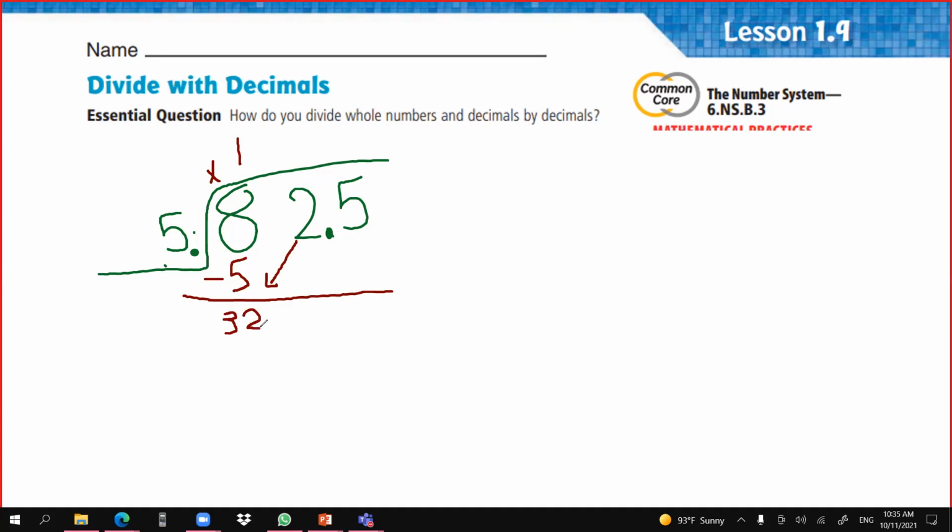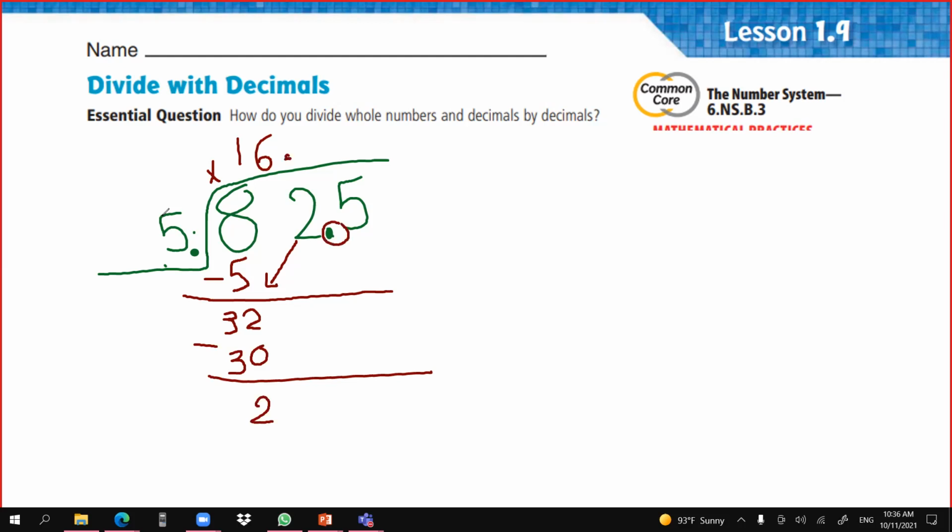Now 32 divided by 5. What's the number that I multiply by 5? It's 6. 6 times 5, 30. 32 minus 30 is 2. Then now I put 5 down. Then here what do we have? We have a decimal point.